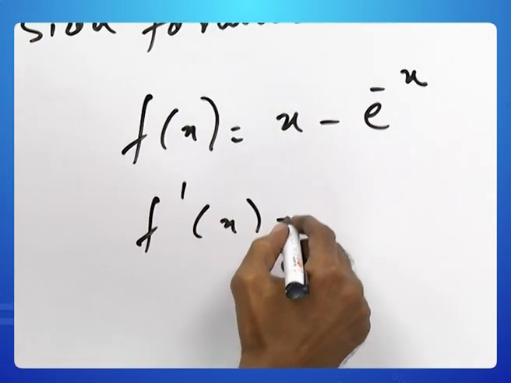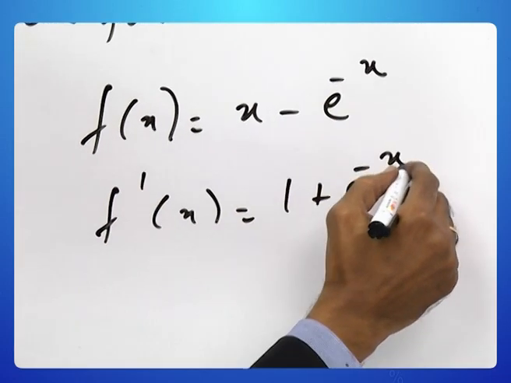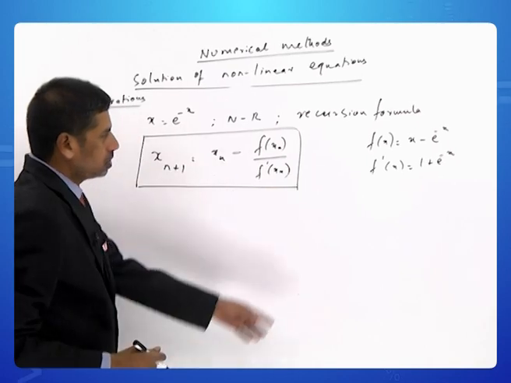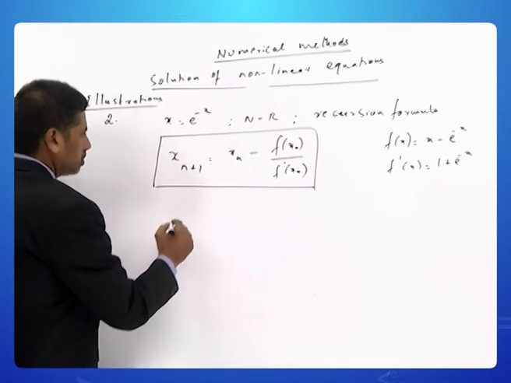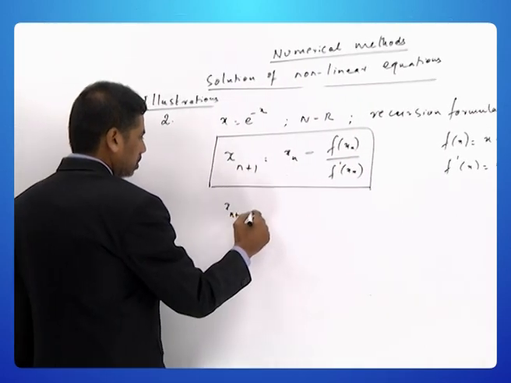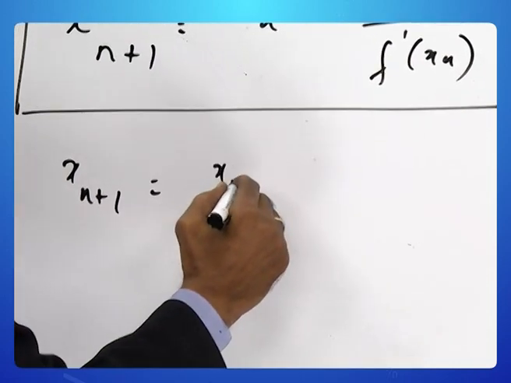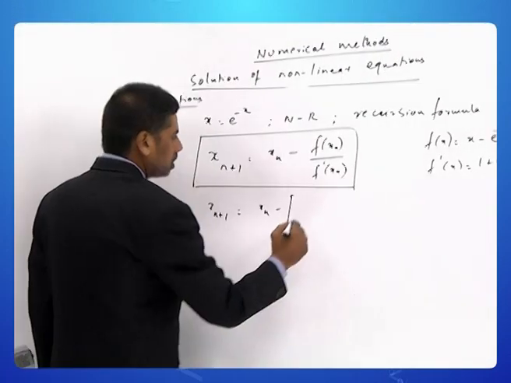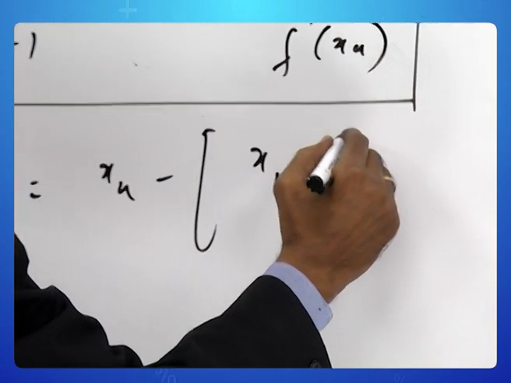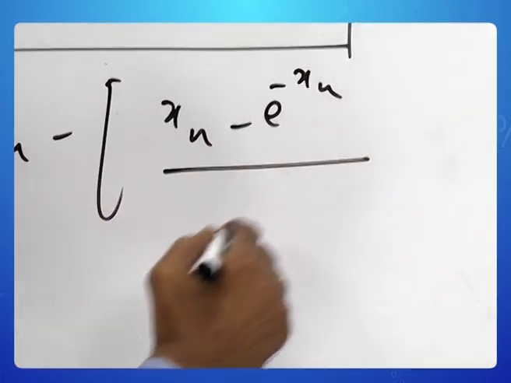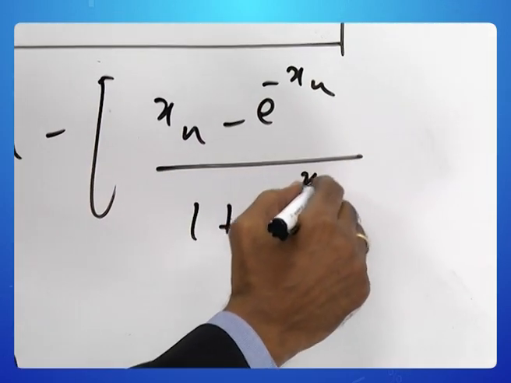F dash x is equal to 1 plus e power minus x. So you use that in this notation and you will have xn plus 1 is equal to xn minus of xn minus e power minus xn by 1 plus e power minus xn.